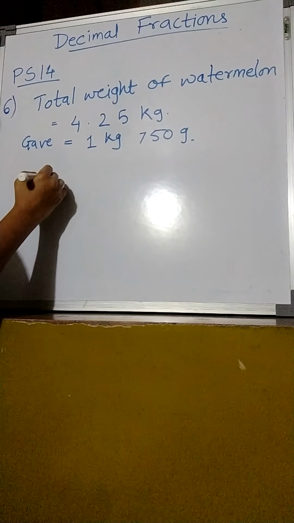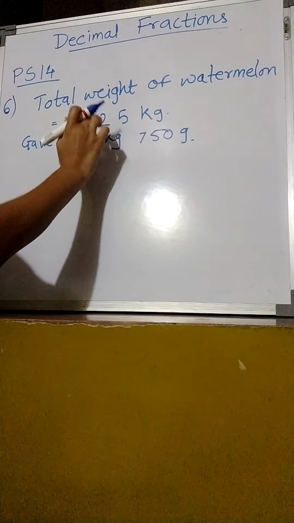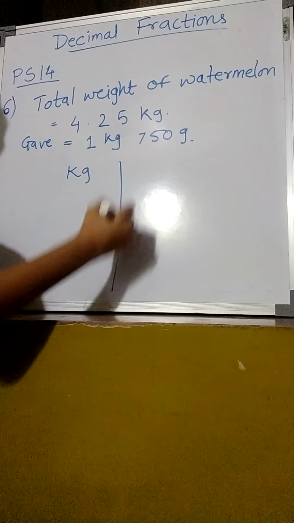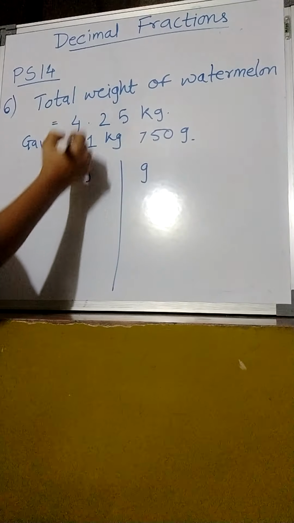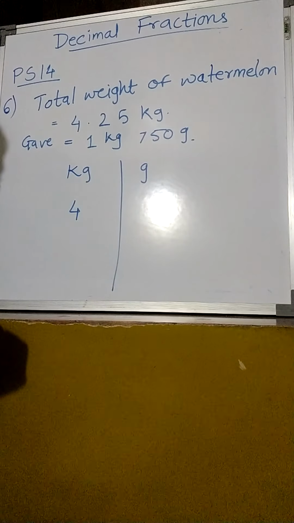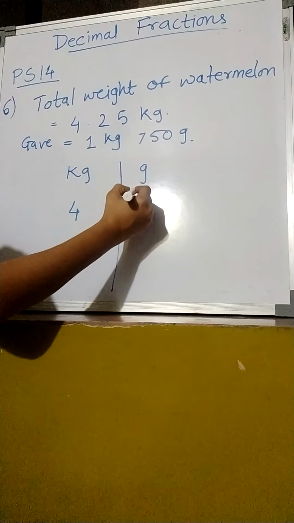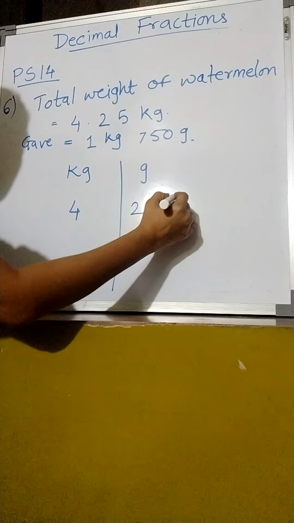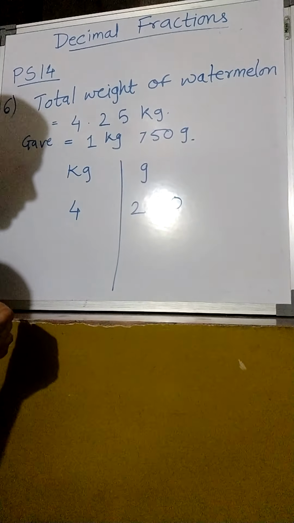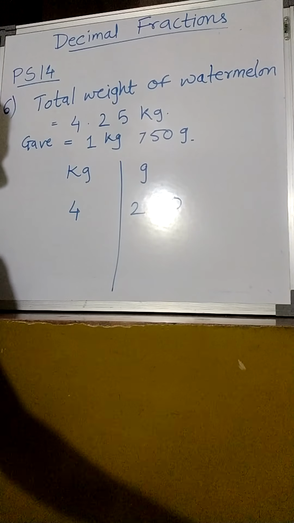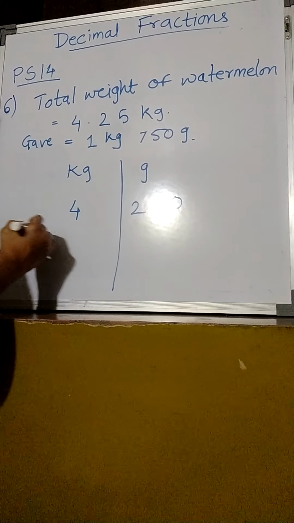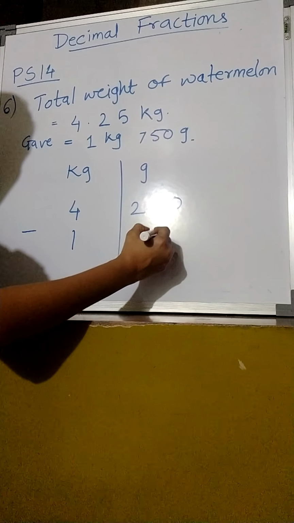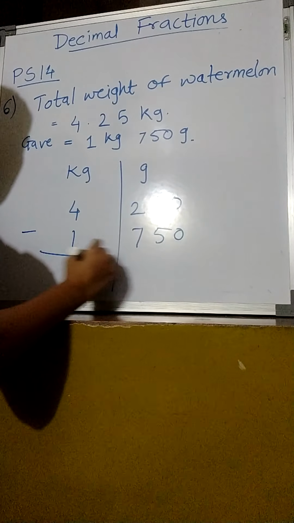How to write? First make two columns, kg and gram. Write 4 kg 250 gram minus 1 kg 750 gram.